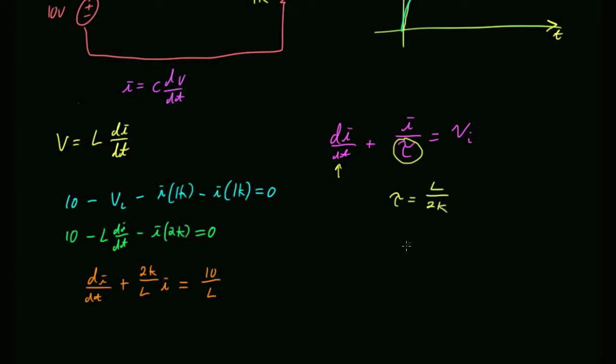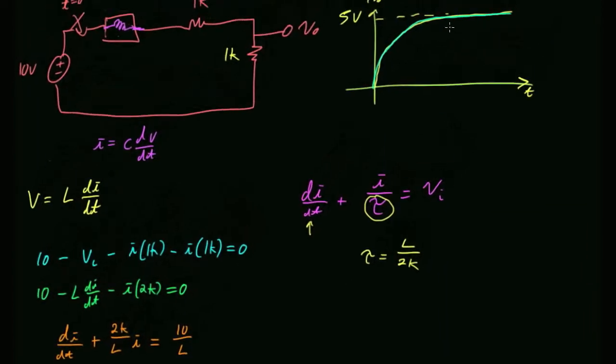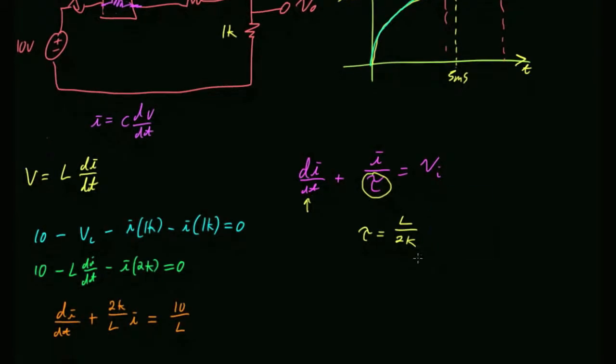You eyeball the graph and figure out it takes roughly 5 time constants to charge. I think the way I generated it was to say the charge time was 5 milliseconds, but you could reasonably have guessed anywhere from 4 to 7 milliseconds. Divide that by 5 to get tau. The only thing left that you don't know is L. Solve for L. I think you should have gotten something like 2 henries.